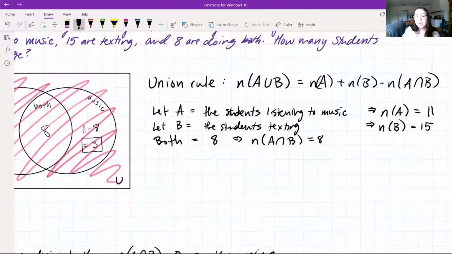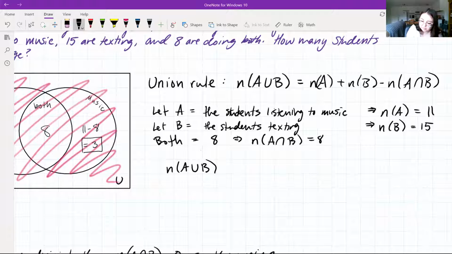So we know N of A union B is equal to N of A plus N of B minus N of A intersect B. So we have N of A union B is equal to, and now let's plug in our values.